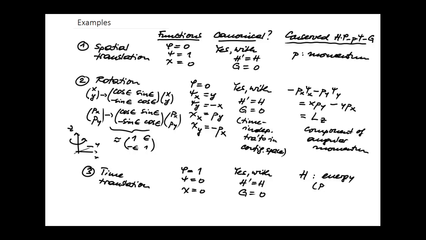So this, of course, provided the Hamilton function is equal to the energy, the conditions that we had discussed earlier. Then invariance under time translation is associated with energy conservation.